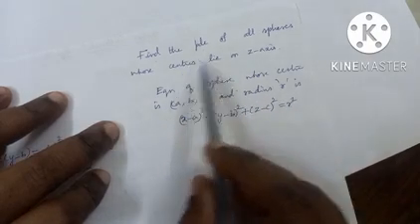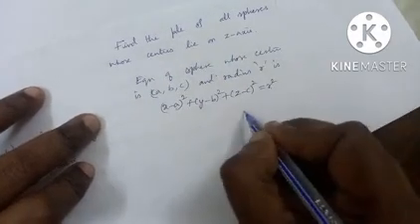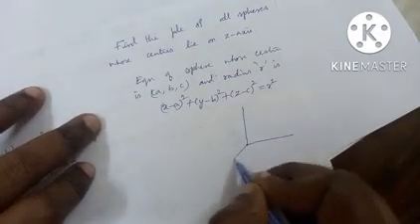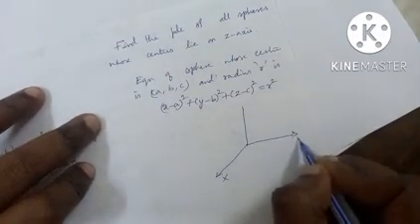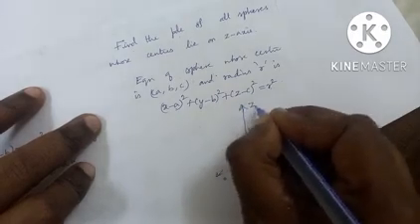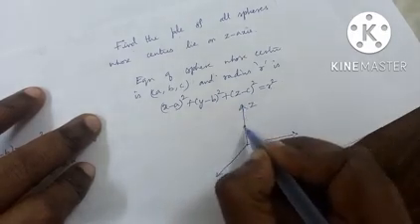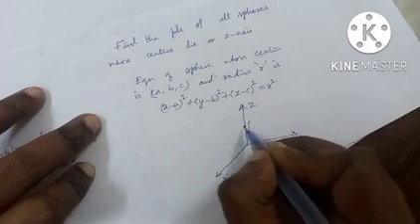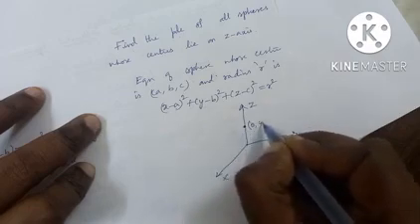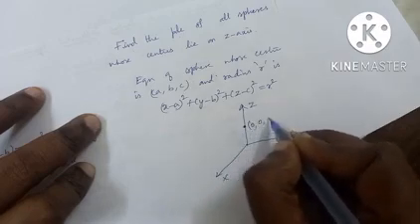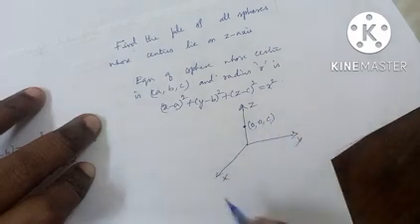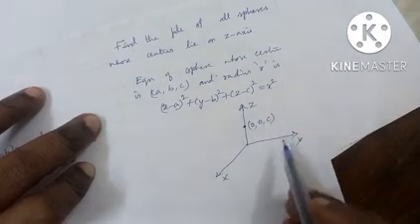Listen here, it is given that the center lies on the z-axis. See, x-axis, y-axis, z-axis. If the center of the sphere lies on the z-axis, then a point on the z-axis will have x equal to 0, y equal to 0, and z some value. Let us choose c.